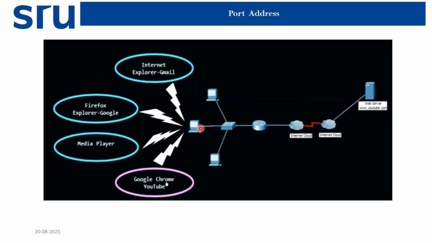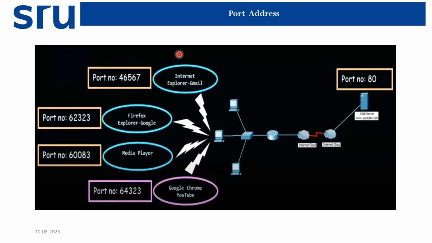But if you observe in this computer, there are so many processes running: Internet Explorer, Firefox, Media Player, and Google Chrome. Reaching the right process, that is Google Chrome here, is done with the help of port numbers. This port number is 46,567, this one is something else, and finally the Google Chrome port number is 64,323.